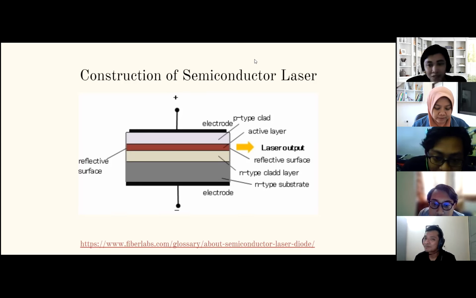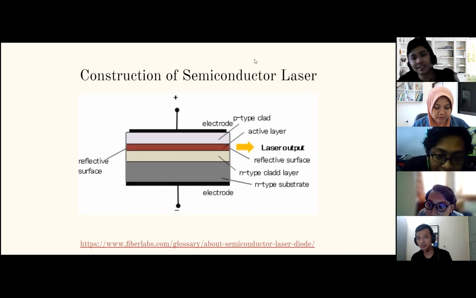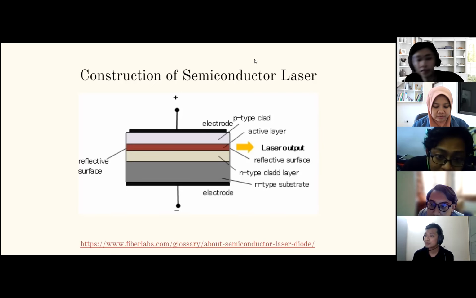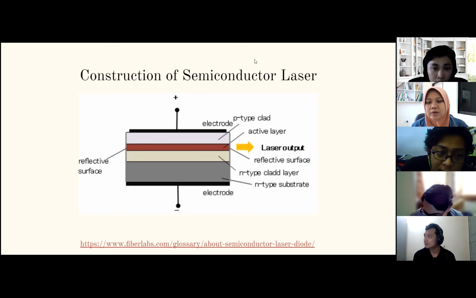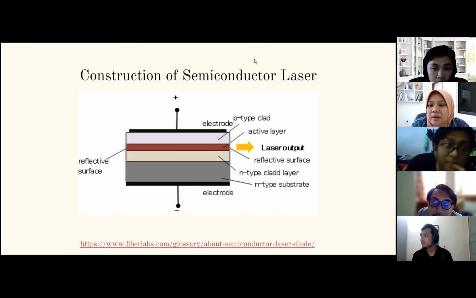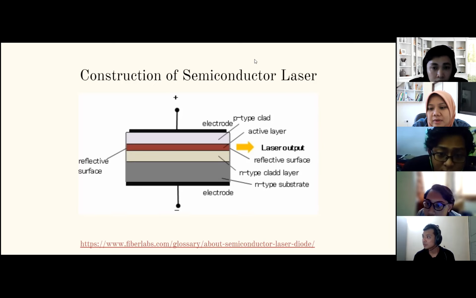To increase the concentration of electrons. Why? So that more recombination process can occur.